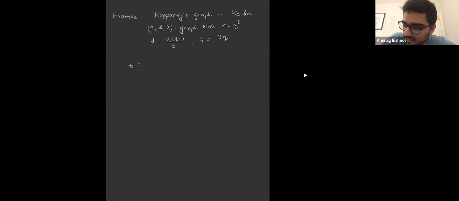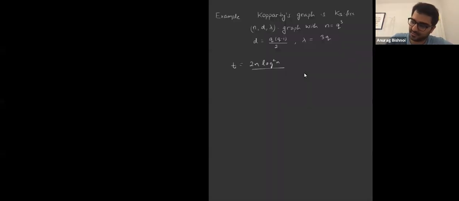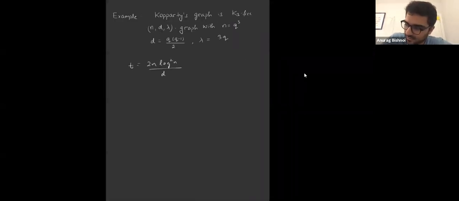We have t is equal to 2n log squared n divided by d. So this is something like q log q. My logs are always with base 2, just letting you know. Won't matter now, but still.